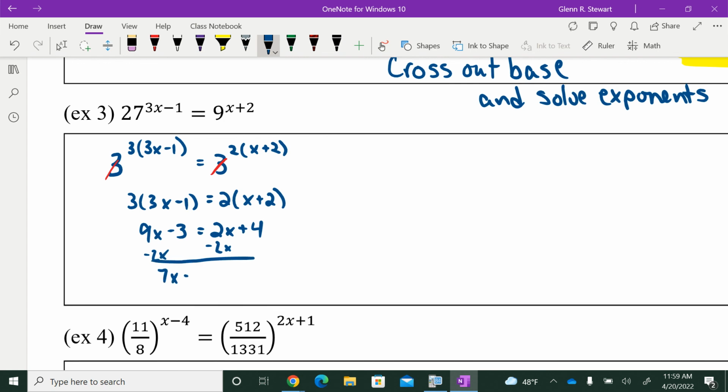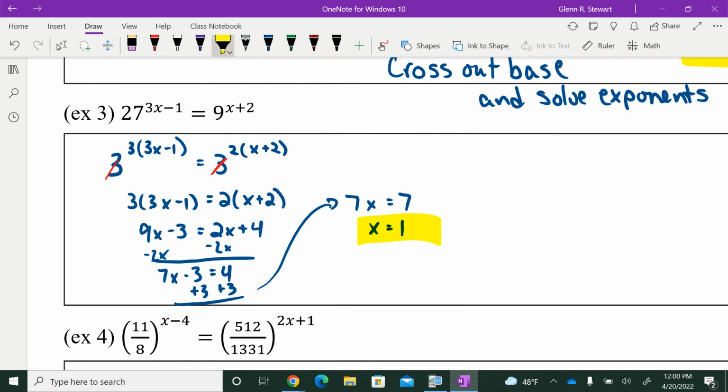It's 7x minus 3 is equal to 4. Add 3. Some of you could probably do both those steps at the same time. That's fine. And then divide, and you get x is equal to 1. Thank you. Give you a second if you're copying anything down, and then we're going to head to the very last example here.